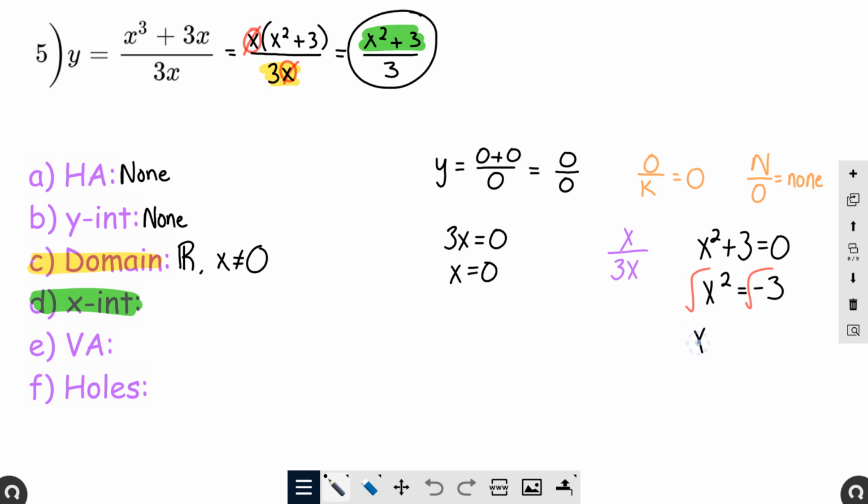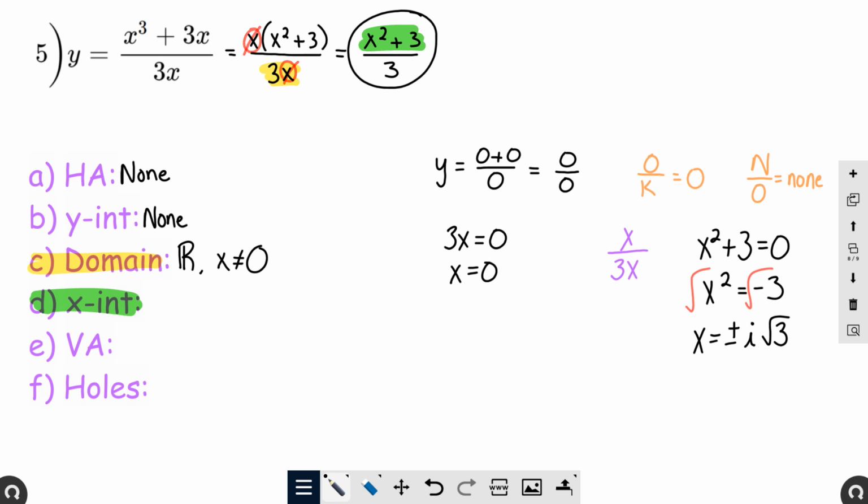You do get an i, and don't forget anytime you take a square root, you have to put a plus or minus. Now, can we take the square root of 3? No. So this is actually plus or minus i square root 3, but don't write it in that blank because i means it's what? Imaginary. Can we see imaginary?